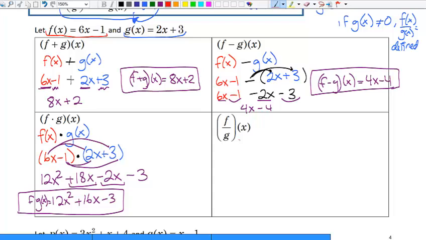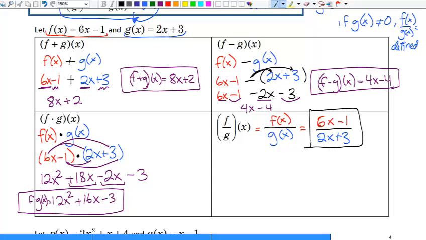Our last one for this set of f's and g's is f of x over g of x. So my f of x function in red is the 6x minus 1 divided by my g of x, which is 2x plus 3. And there's nothing else I can do to reduce that.